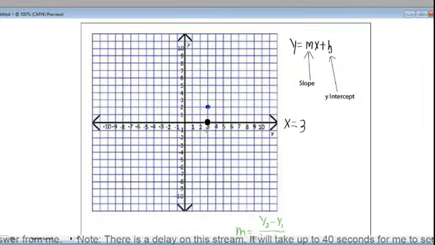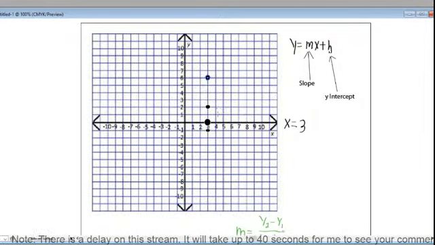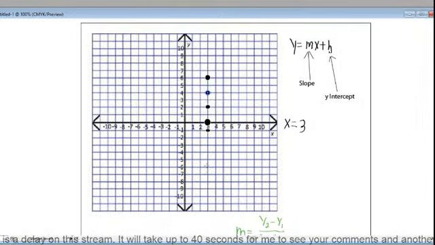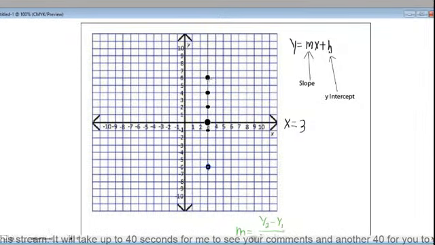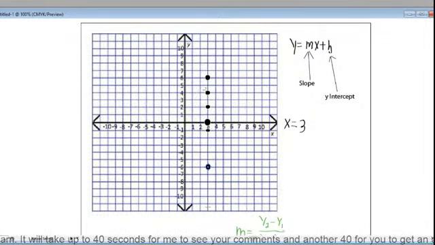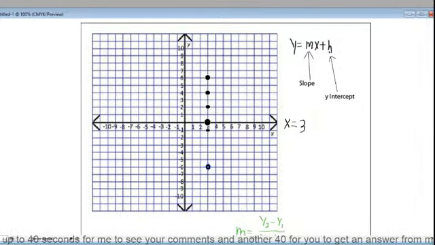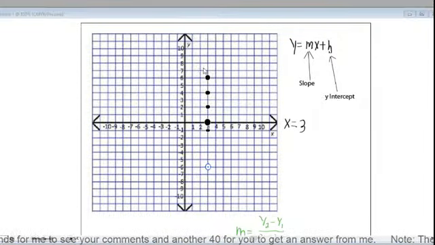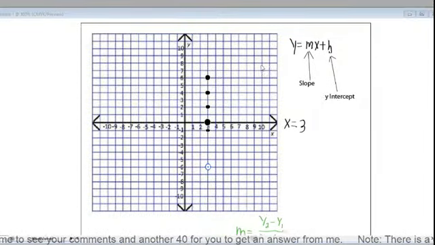Have a point here. Just anywhere along this line, it does not matter. I can put a point there. I can put a point here. Again, it does not matter where I'm putting points as long as they are somewhere that x is 3, which is all along this vertical line here. So I'll go ahead and put my line in now. And I'll make it nice and clear for us.